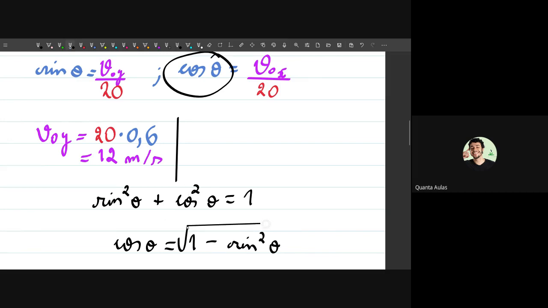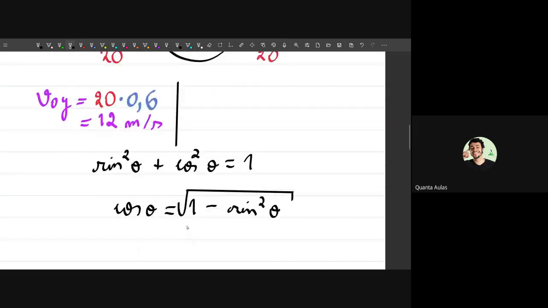So I need to do the square root here. And now you can do this math for me because I need to go to the bathroom. Do this calculation for me, and when I come back, you tell me the answer. Okay, the cosine answer. Just a second.